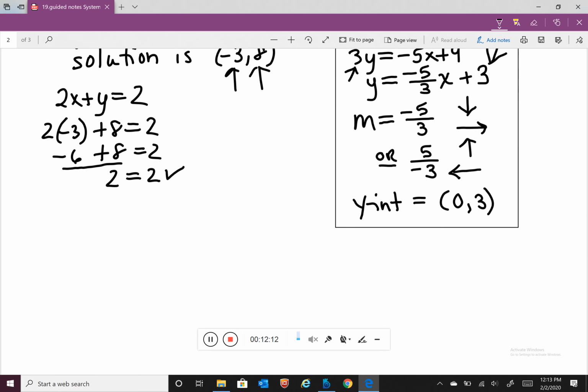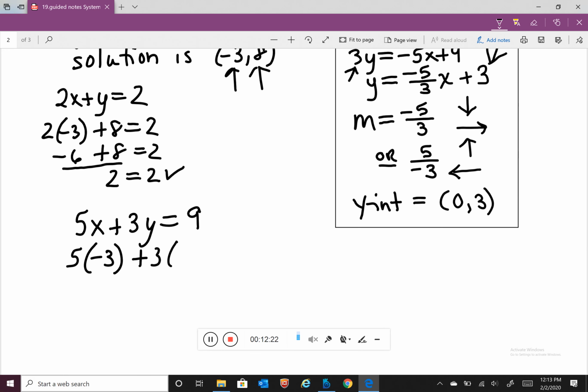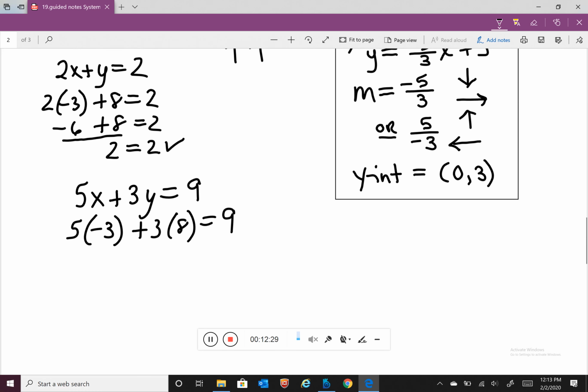So second equation, we have 5x plus 3y equals 9. We're going to let x equal -3 and y equal to 8 again. And we're going to see if that combination gives us the output of 9.